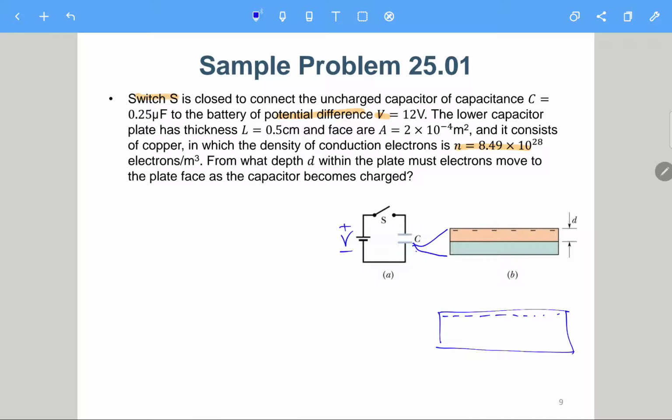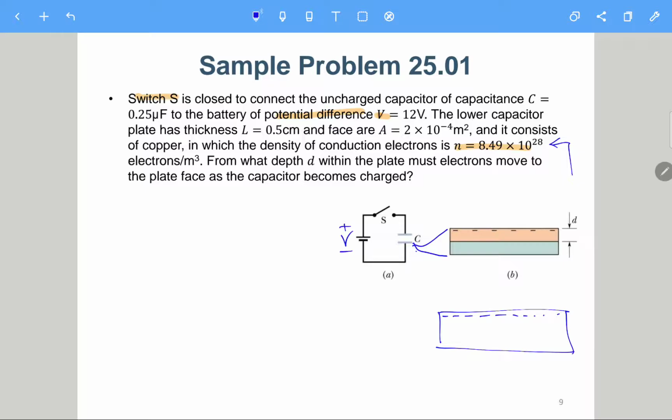But actually, the thickness of the electrons can't be zero, because they should at least occupy some space. And then it tells you the density, and asks you how thick the electrons should occupy.